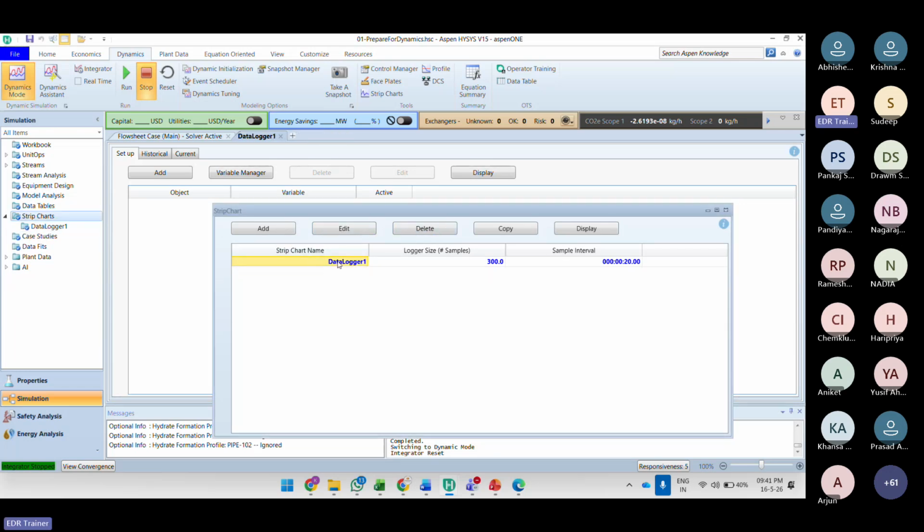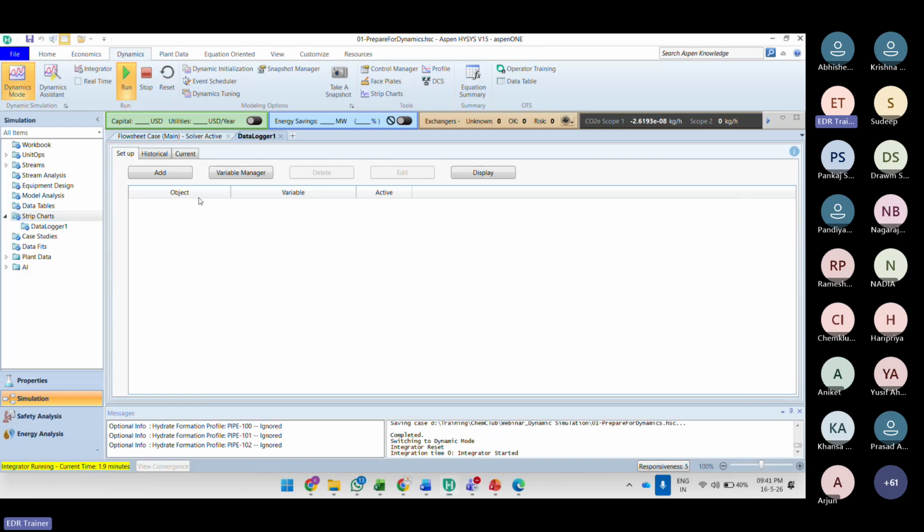So data log, display, and then you start the run. And then you can see here the integrated running, the current time is 00. So it will start running your dynamic simulation.